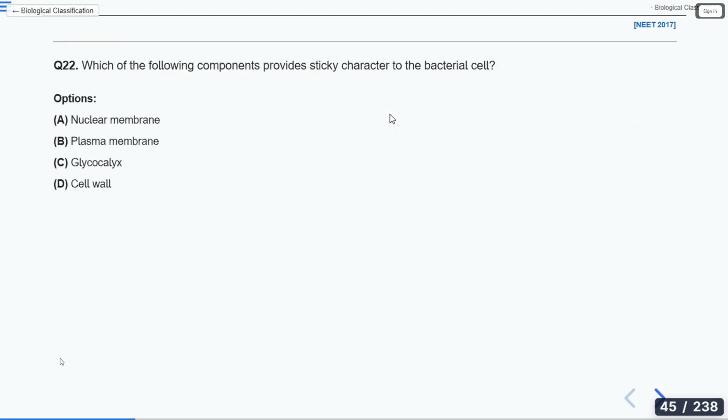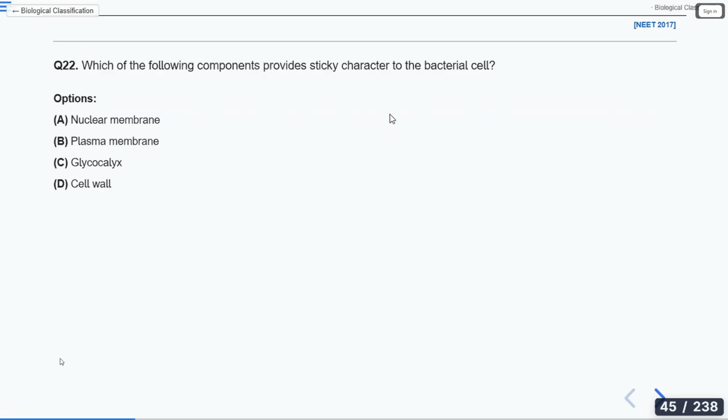Which of the following components provides sticky character to a bacterial cell? Nuclear membrane, plasma membrane, glycocalyx, cell wall. Which gives a sticky character? I think this question is very easy.